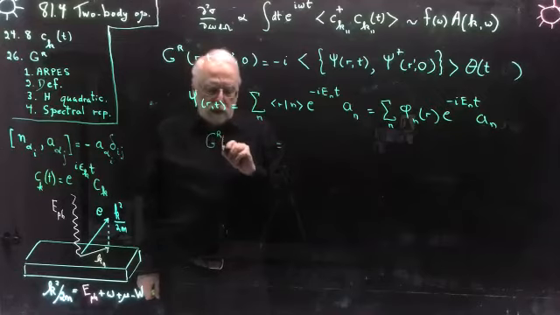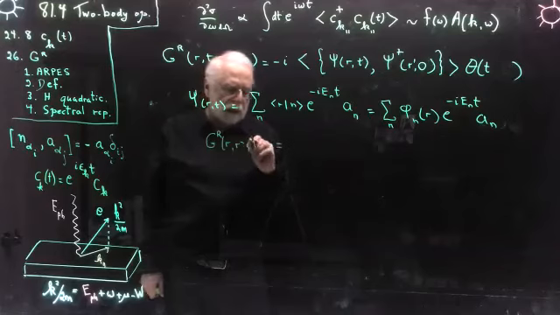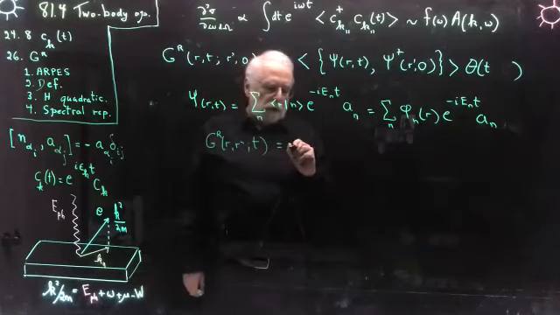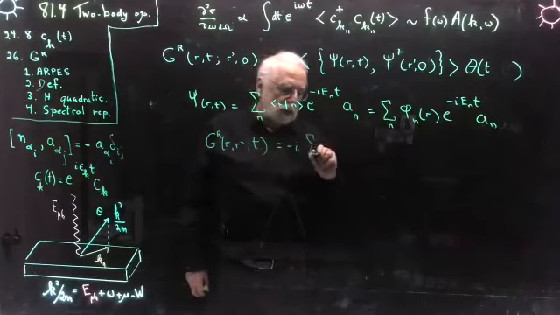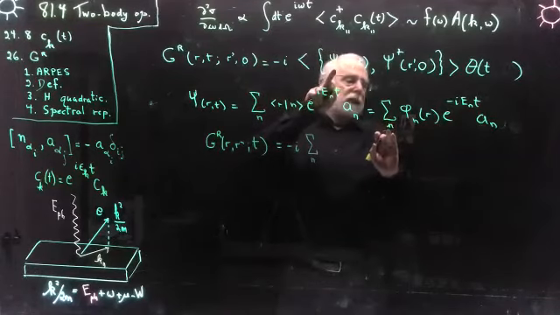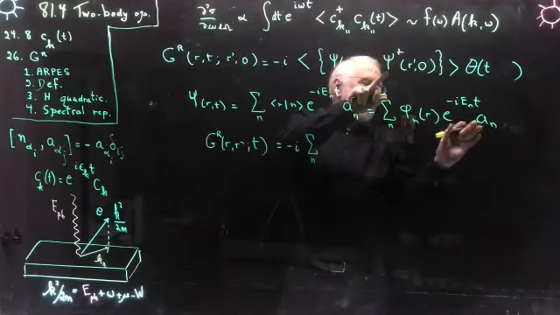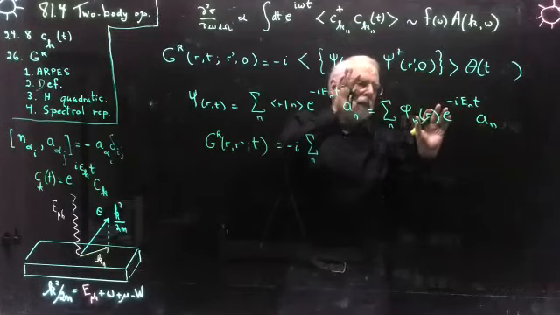G retarded of r, r prime, t will be equal to minus i sum over n. Now there will be a sum over n here and a sum over m here, but a_n and a_m anti-commute unless m equals n, in which case we get a delta function.